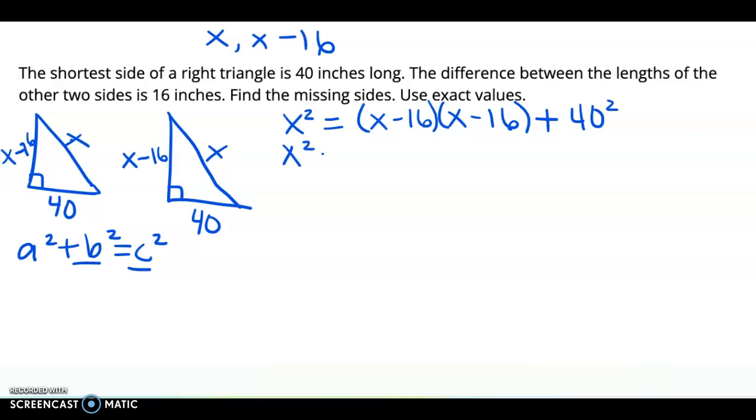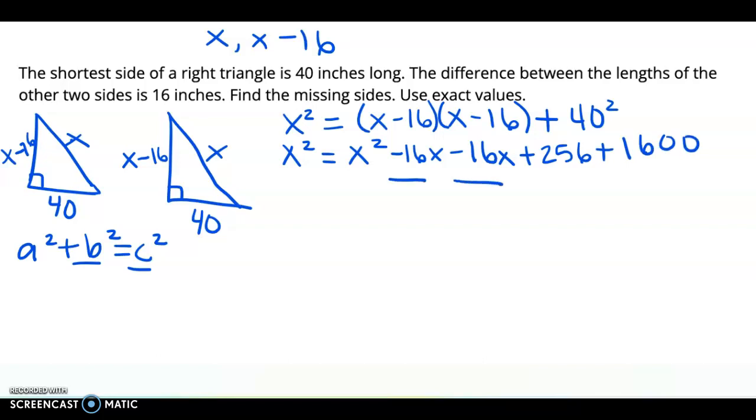I get x squared equals x squared minus 16x minus 16x plus 256, or 16 times 16, plus 40 squared is going to be 1600. Okay, combine like terms. So negative 16x and negative 16x, I have x squared equals x squared minus 32x plus 1856.